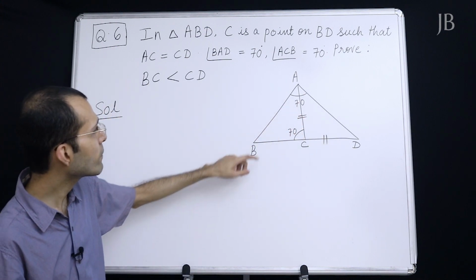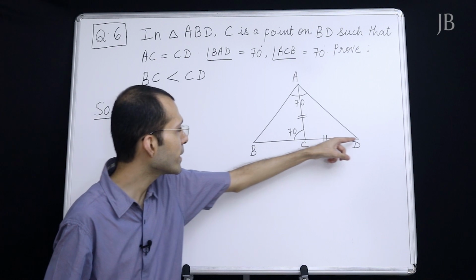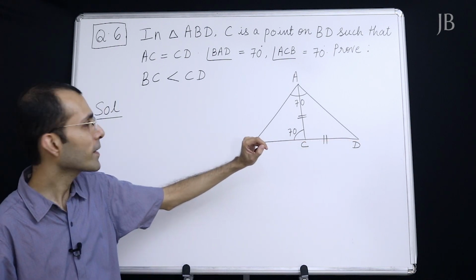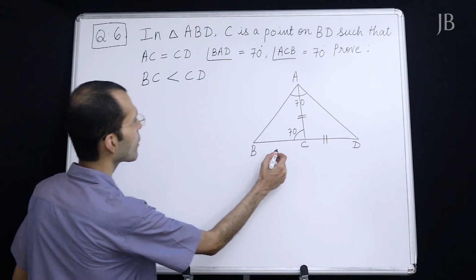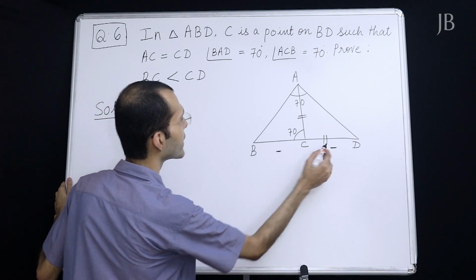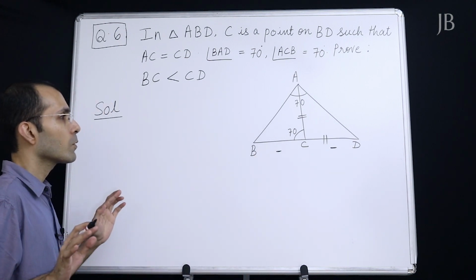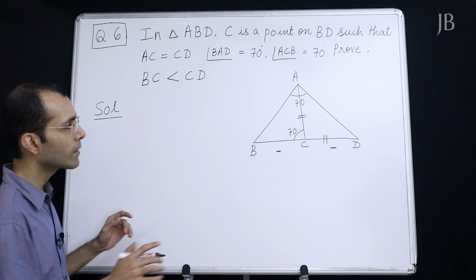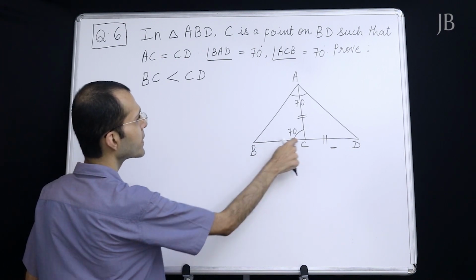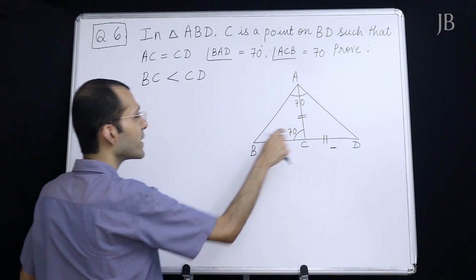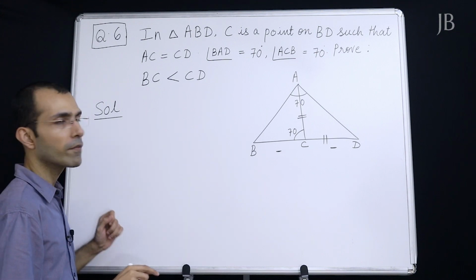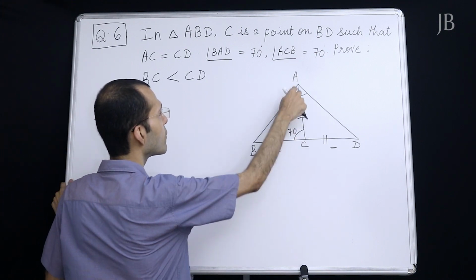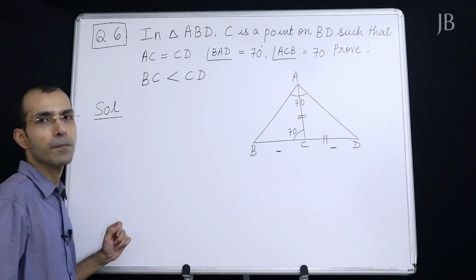So we realize that AC and CD are given equal, right? So we are supposed to compare BC with CD. What we will do is compare BC with AC.